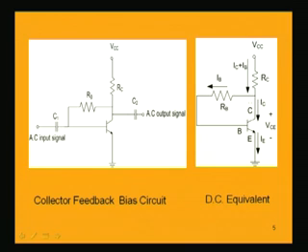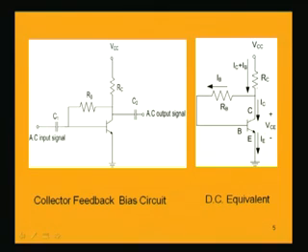We do not have the capacitances C1 and C2; the others, RC and RB, are there. This is a biasing scheme without a resistance in the emitter. So first of all, we only have the collector to base biasing resistance RB, and there is no resistance in the emitter.